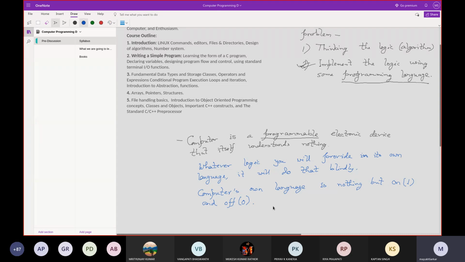You can simply provide the logic in a particular English-like programming language. You do not need to write in terms of zeros and ones anymore.